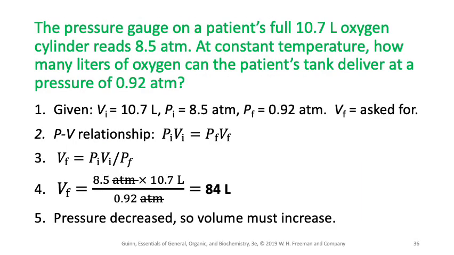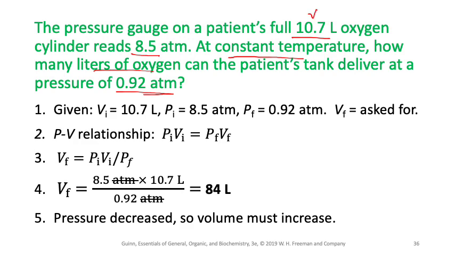Let's try to do one more problem. The pressure gauge on the patient's full 10.7 liter oxygen cylinder read 8.5 atm at constant temperature. So temperature is constant. How many liters of oxygen can the patient's tank deliver at a pressure of 0.92 atmosphere? So volume is given, pressure is given, the initial ones, right?